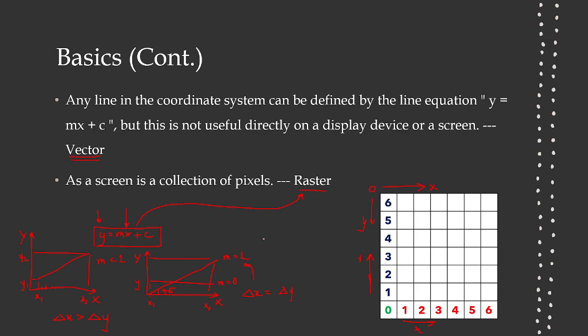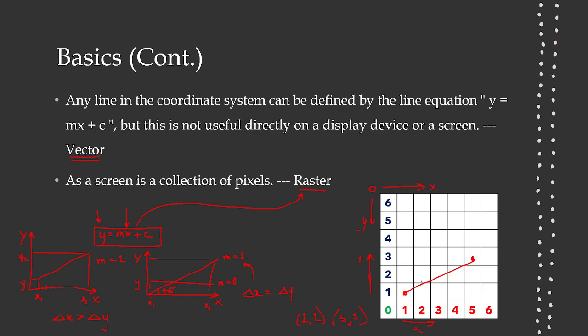Now assume that I need to draw a line from 1 comma 1 here to 5 comma 3. If I draw a straight line from this to 5 comma 3, as you can see, the line that I've calculated goes through 2 pixels at the same time.